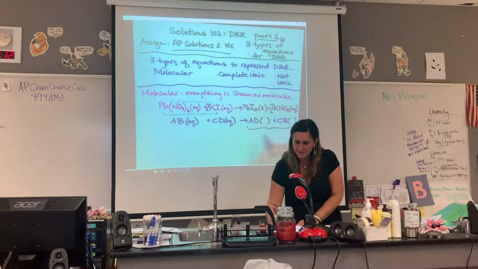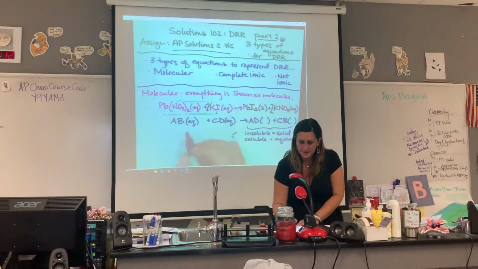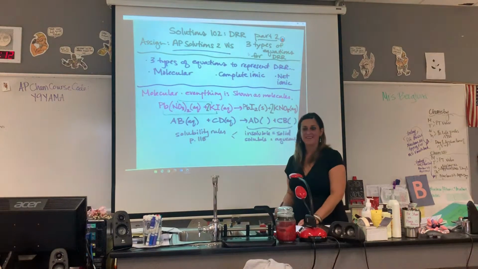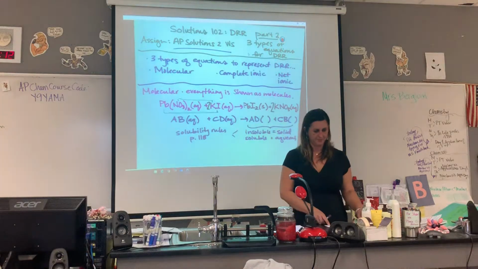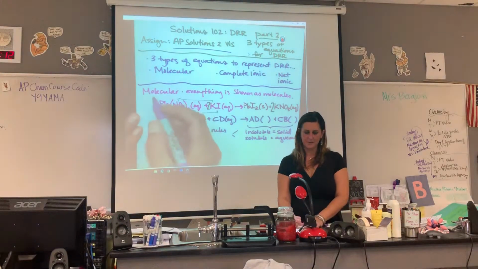So in these, we would choose, of course, our insoluble is the solid, and the soluble one is aqueous. And remember your solubility rules on page 118 in your textbook, and you can easily look those up, or I can give them to you as well for you to remember those. Okay, so that's a molecular equation.